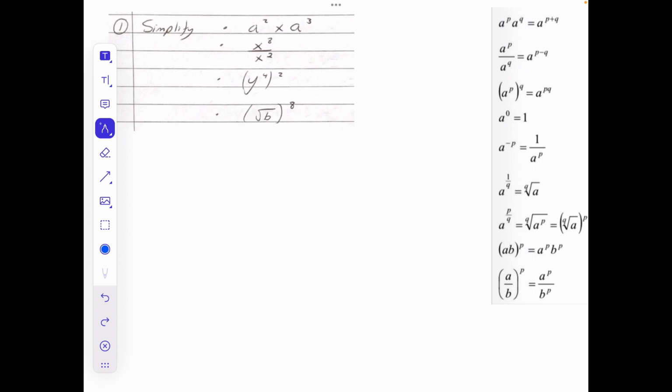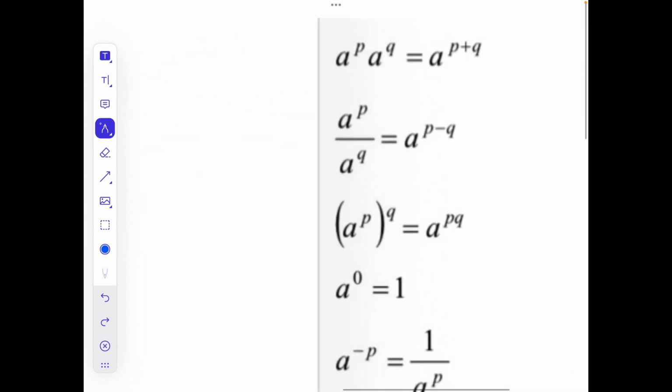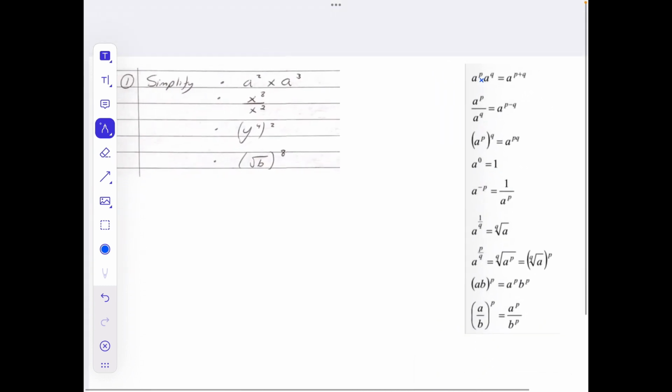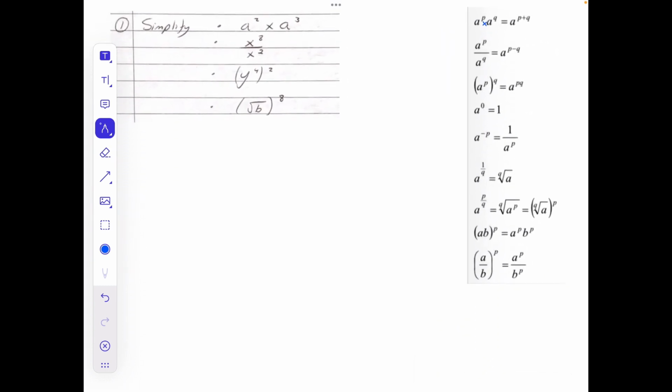When we have two things squished together, you can write a multiplication sign in there if that will help you. My question matches up exactly with that first law. So when it's a to the power of p multiplied by a to the power of q, I want you to look at what happens to the powers. The powers get added together.